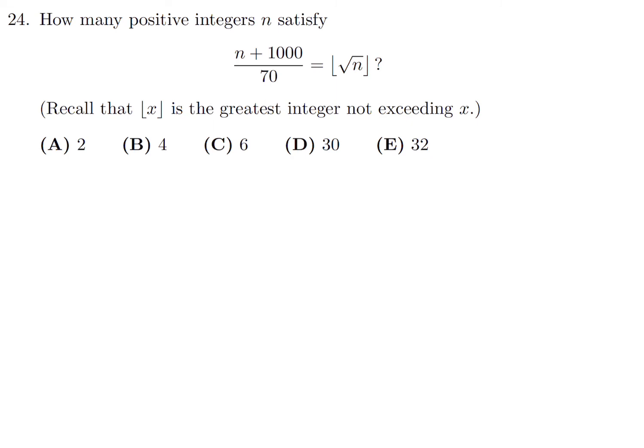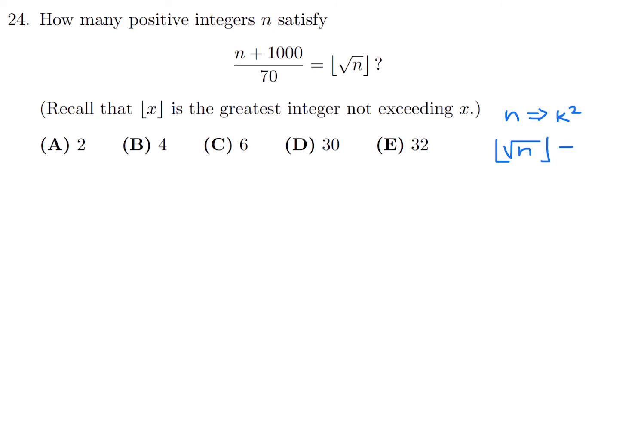All right, I noticed something really quick: if n is a perfect square, so something like k squared, then root n would obviously be an integer.